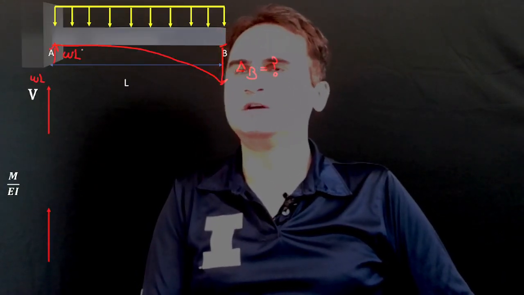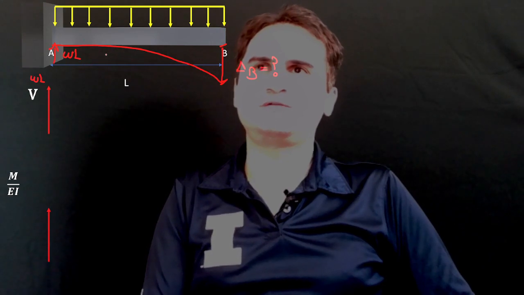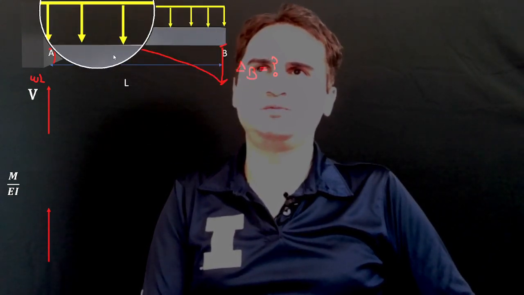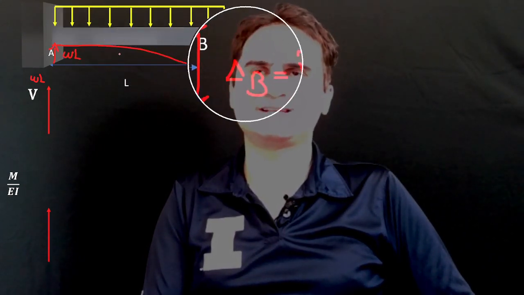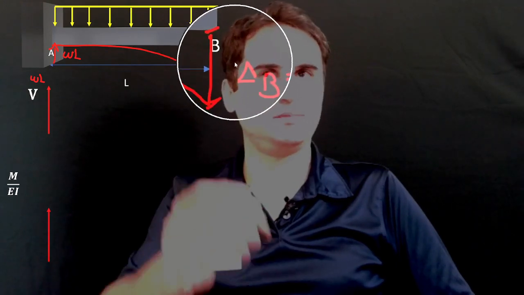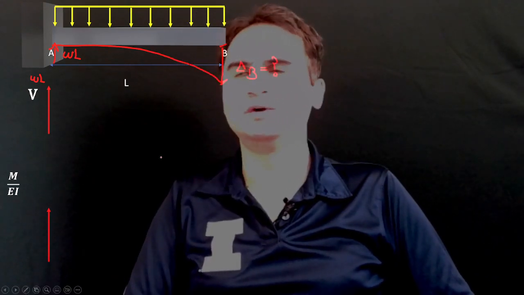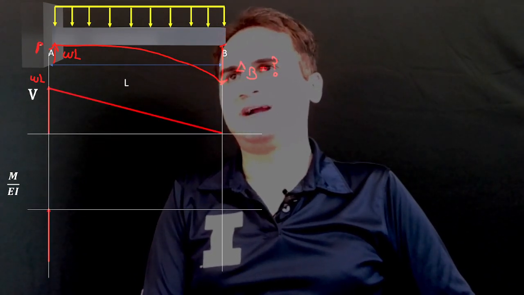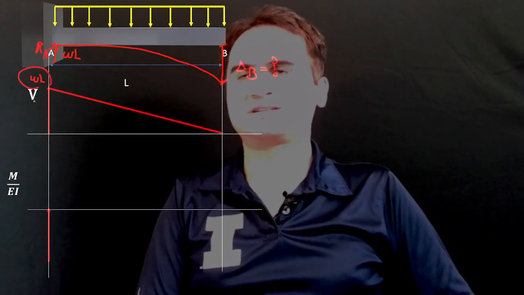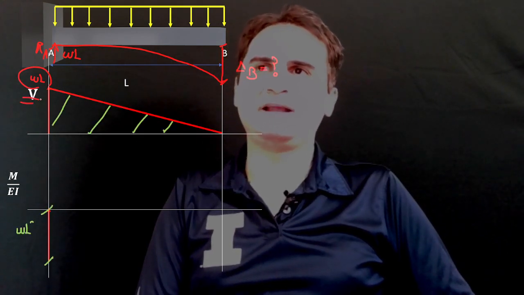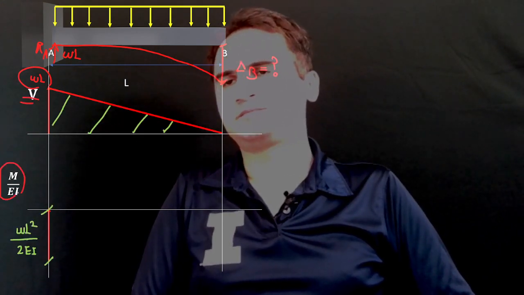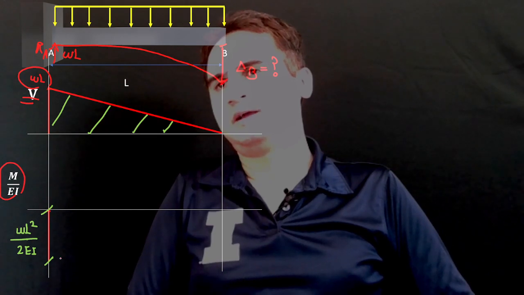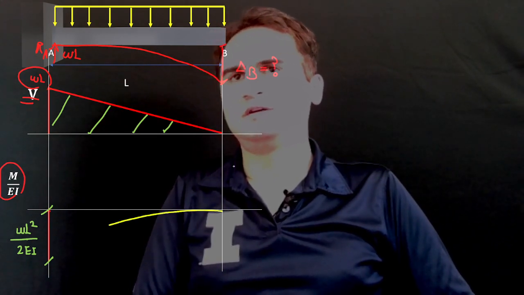If we know the deflection formula of a cantilever beam with distributed load, we can see delta B. If we calculate the reaction at A, it is WL, that's our V, and the area under it gives M over EI.